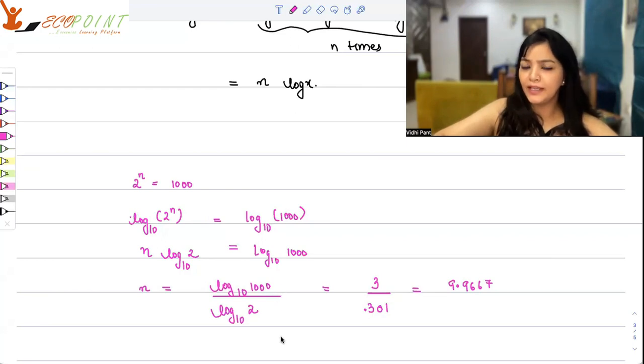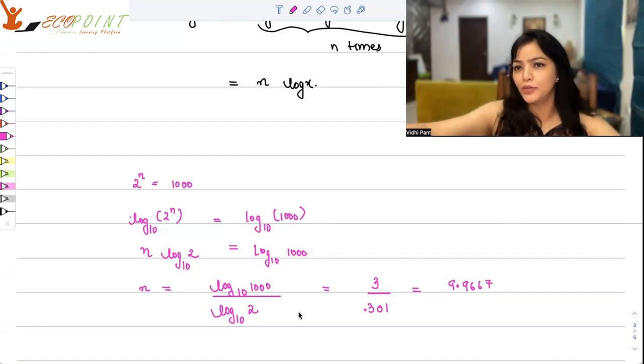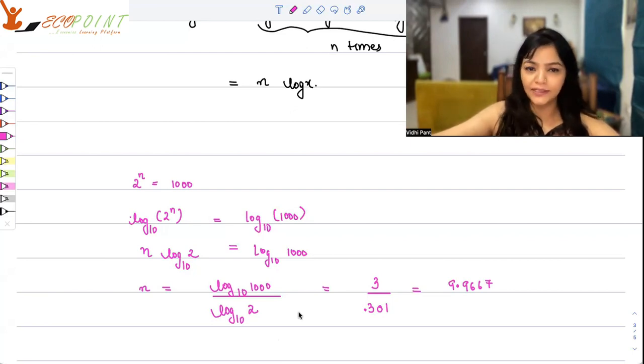You will need the calculator to figure out log base 10 of 2. That will be 0.301. When you divide 3 by 0.301, you will get approximately 9.97, or if you want to stretch the decimals, 9.9667, etc. So you can carry that on or approximate it to 9.97.